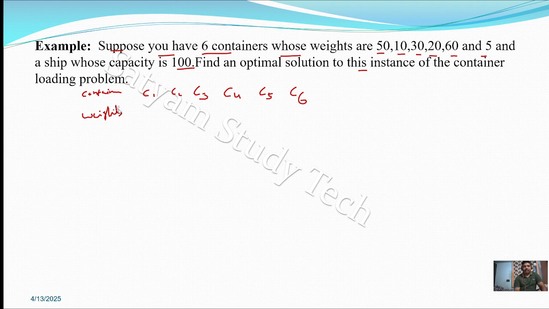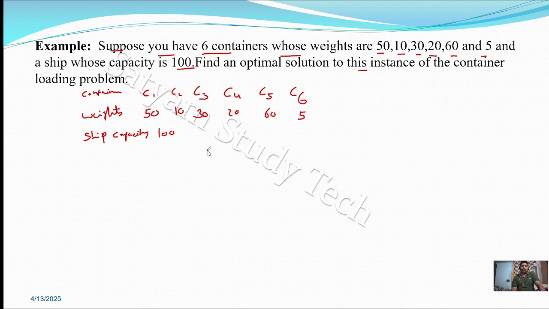The weight of container C1 is 50, C2 is 10, C3 is 30, C4 is 20, C5 is 60 and C6 is 5. The capacity of the ship is 100.